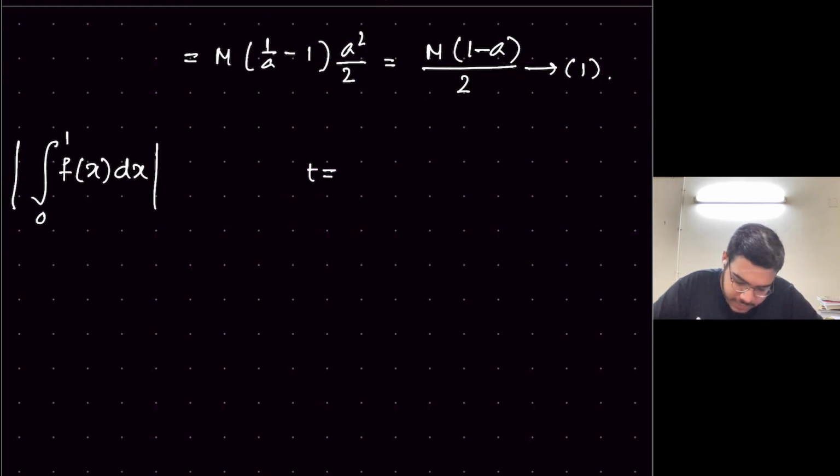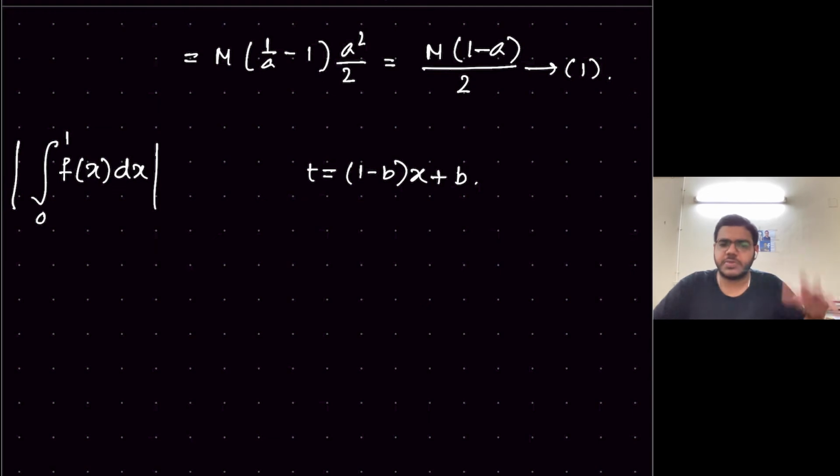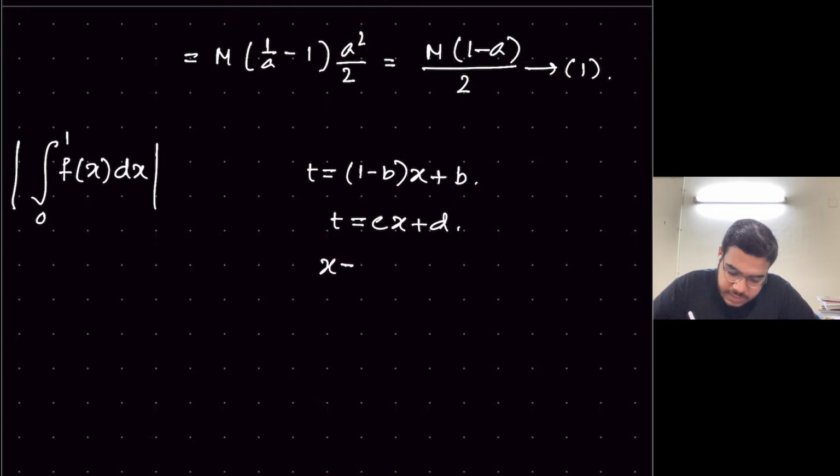So let's consider t equal to (1 minus b)x plus b. Now you can ask me why I am going to use this linear transformation, why not others? Okay, let t equal to cx plus d. When x equals 0, I want the lower limit to be b, so t equals b.